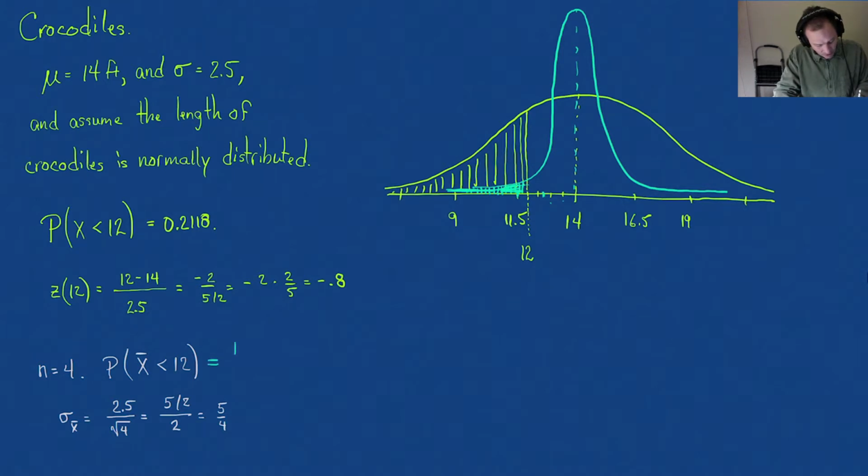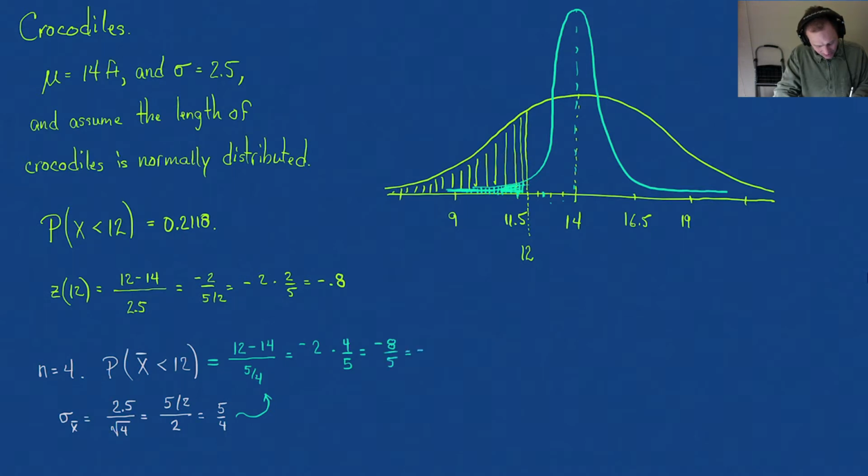So now I take 12, subtract the 14, and I divide it by the 5 fourths. Well, this is going to become a -2 times 4 fifths. But that's going to be -8 fifths.